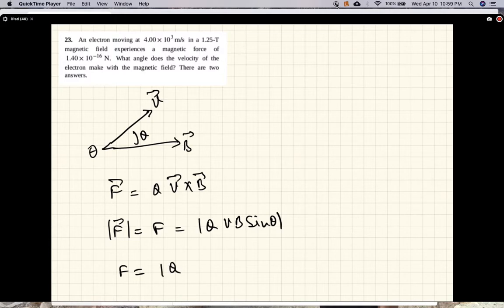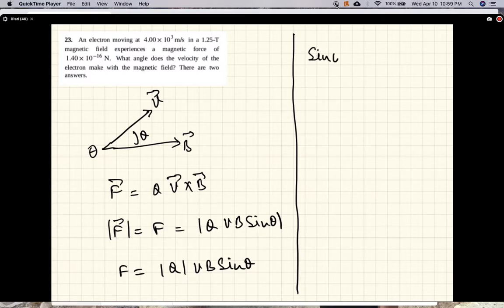Theta is what we're solving for, so let's solve for sine theta. Sine theta is F divided by the magnitude of Q, the magnitude of the electron's charge, times V times B.